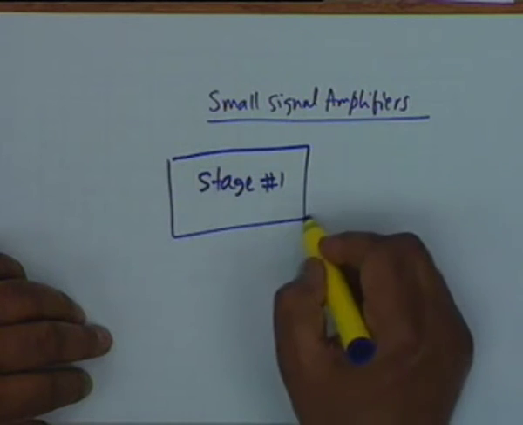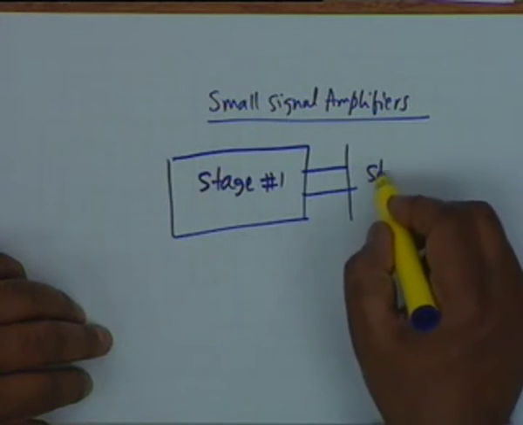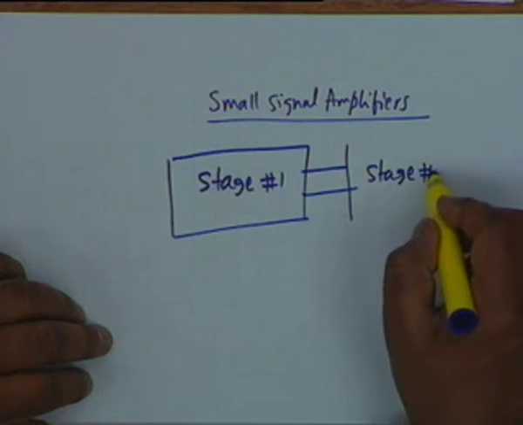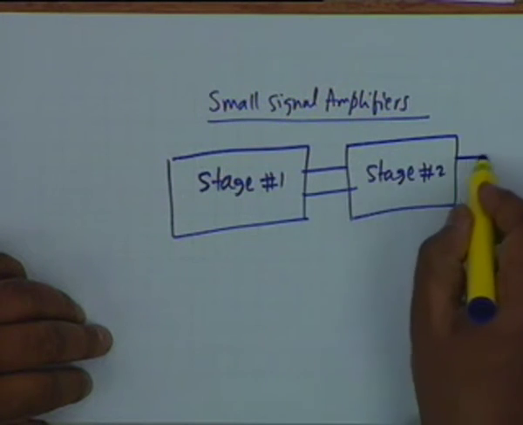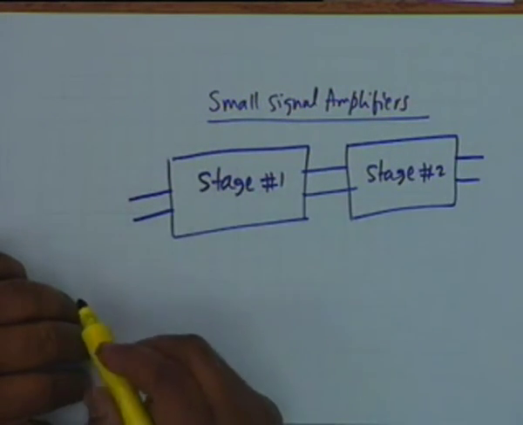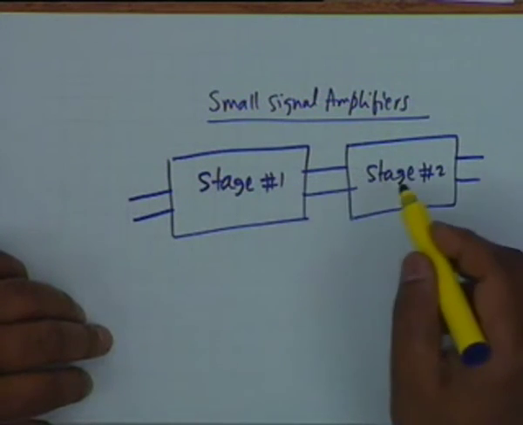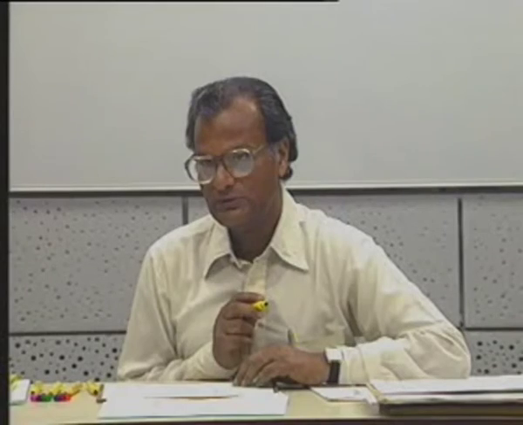When one transistor is not enough for gain, you may have to use multiple transistors, and the way stage 1 is connected to stage 2 is technically called coupling.